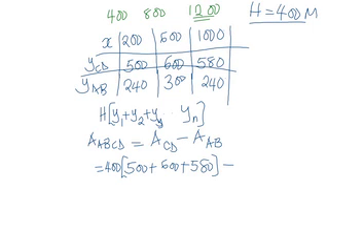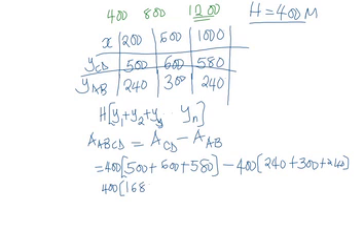We have the height as 400 multiplied by 240, the first y, plus 300 plus 240. So if we take 400 and the sum of 500 plus 600 plus 580, then this gives us 1680.